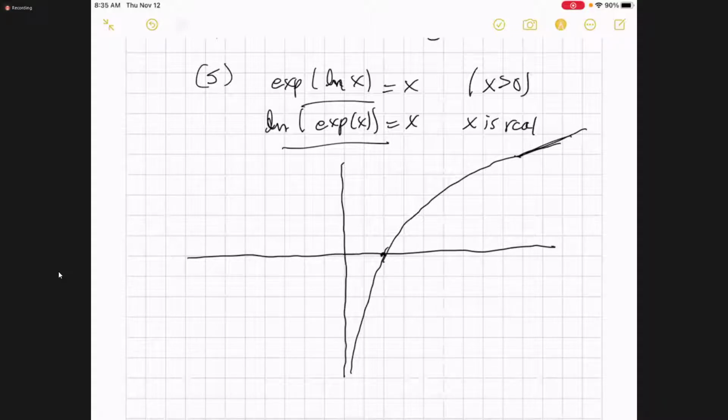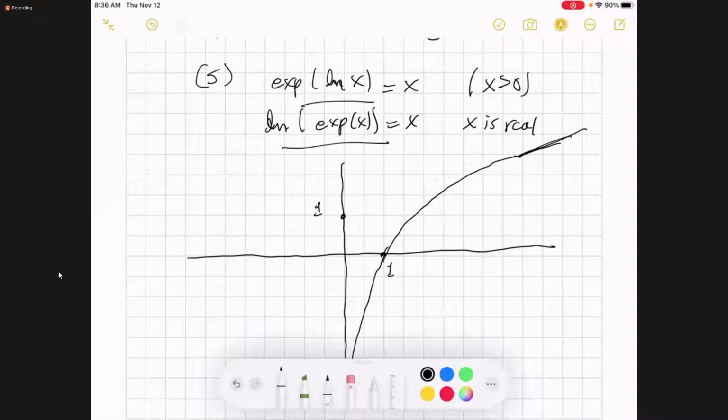But since the range is all the reals, I'm going to look at one on the y-axis. Okay. And I'm going to put a horizontal line through that one. Well, that horizontal line's got to intersect the graph of the log function. Has to intersect that curve.